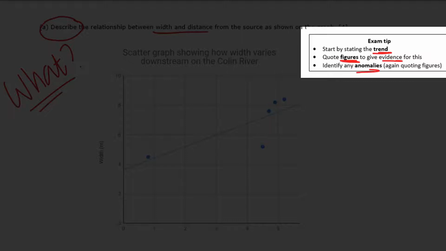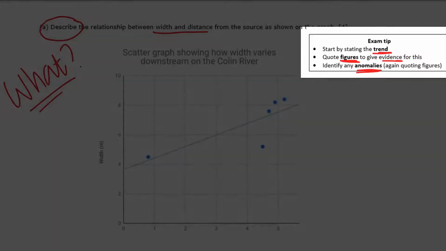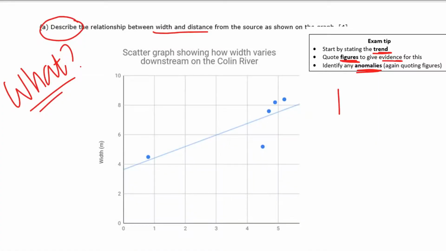And then anomalies. We'll come to those in a moment, but we can abbreviate that down to T, F, A. That is a good opportunity for you just to look at those and remember that you need to be dealing with your trend, your figures to quote evidence, and any anomaly that there is there.